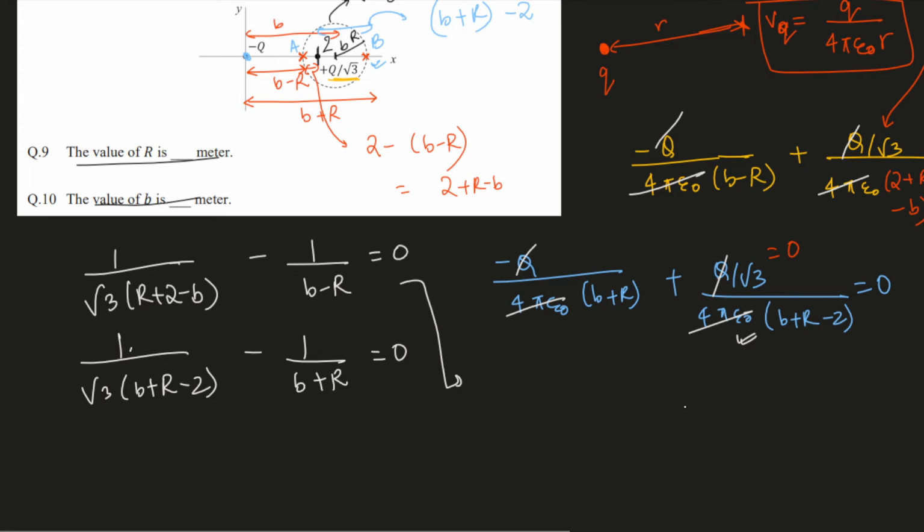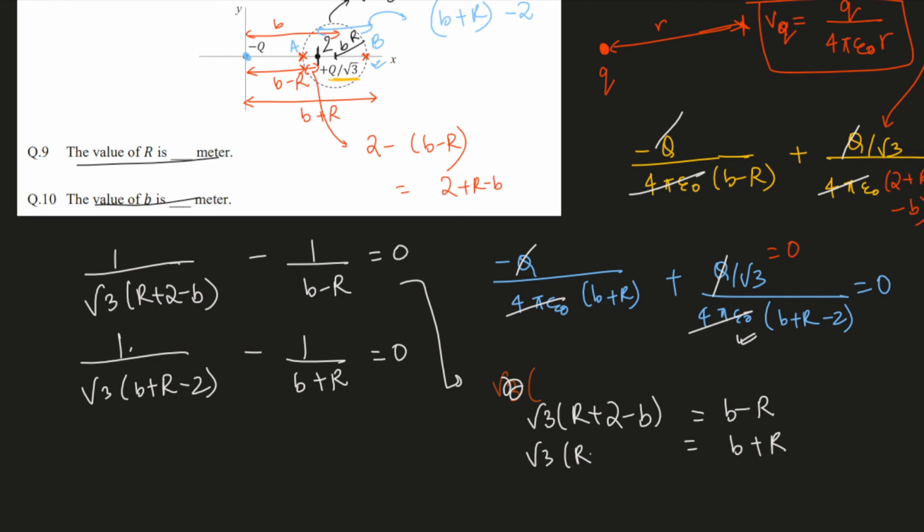From the first equation, we can write square root of 3 times (r plus 2 minus b) is equal to b minus r, since both of them are in the denominator and we can take them to be equal. Similarly for the second. So there are two equations and two unknowns, and we can easily solve these.